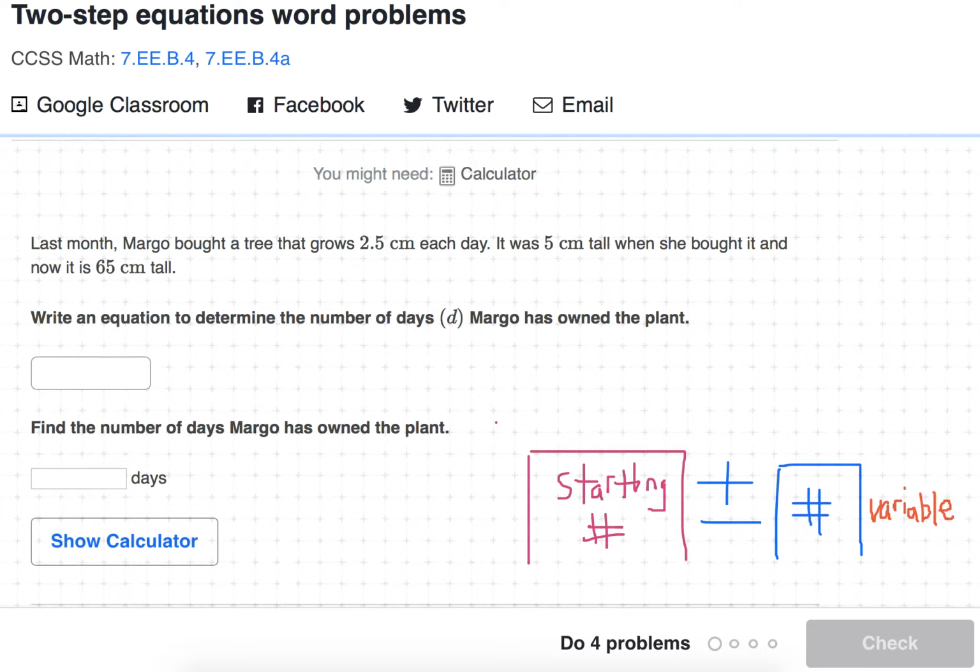So in this problem, the tree starts at 5 centimeters tall. So 5 is our starting number.